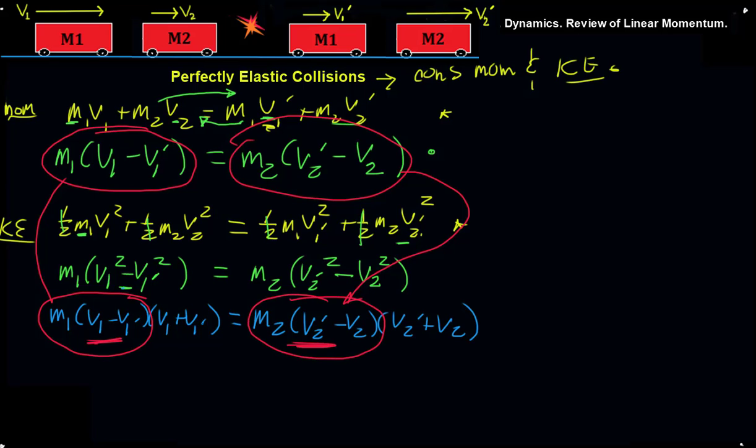And since those two things are equal to each other, we can divide through by them and they'll cancel out, and we'll end up simply with v1 plus v1 prime is v2 plus v2 prime, which if I now bring the before values to the left and the after values to the right, we'll get v1 minus v2 is v2 prime minus v1 prime.